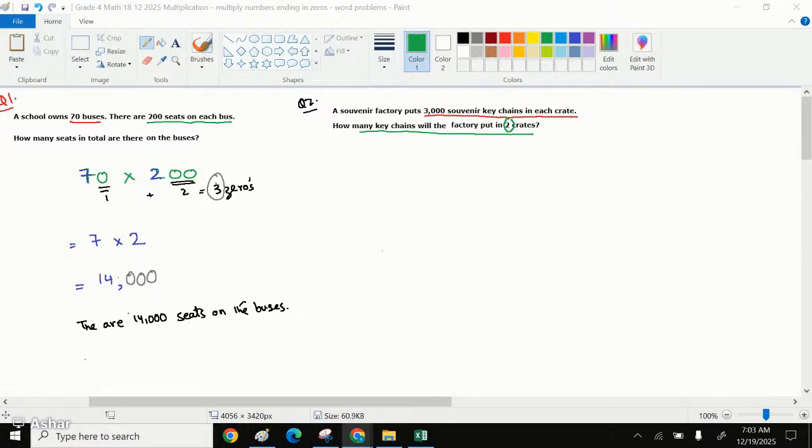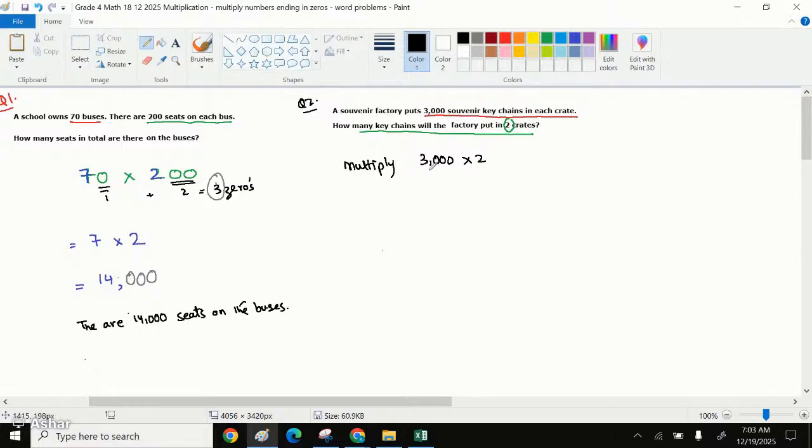In order to find the total number of keychains, we need to multiply 3,000 by 2.